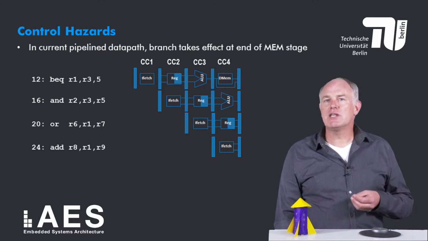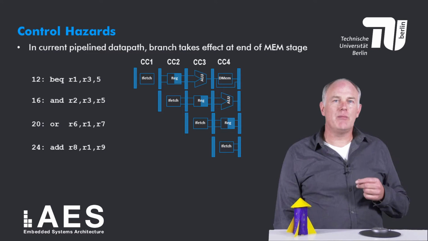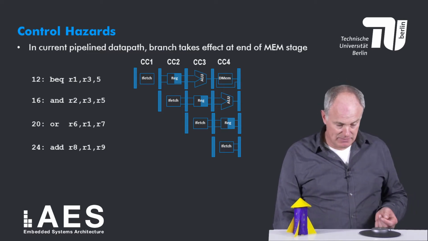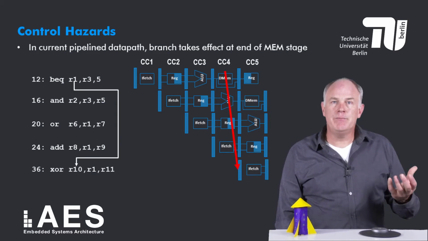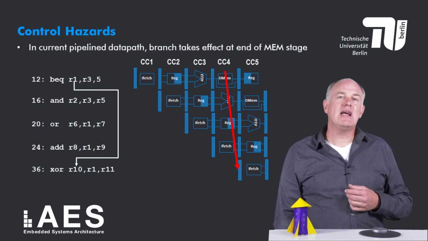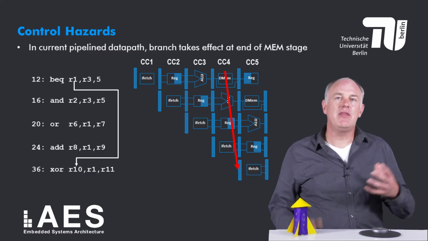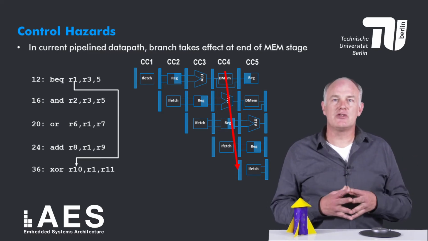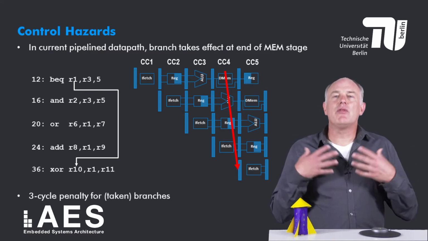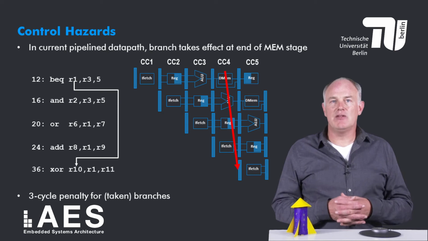At the end of clock cycle 4, in the mem stage, the branch takes effect. So if the branch is taken, the correct next instruction in program order is fetched in clock cycle 5. By that time, 3 other instructions have entered the pipeline. So in essence, we have a 3-cycle penalty for taken branches.